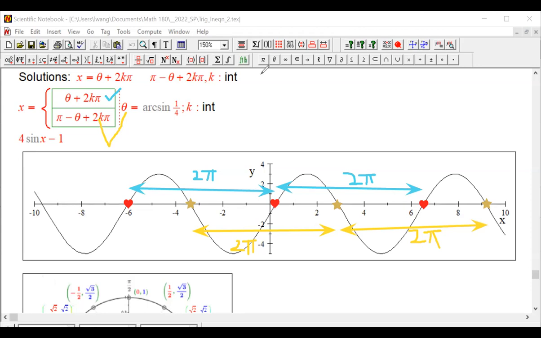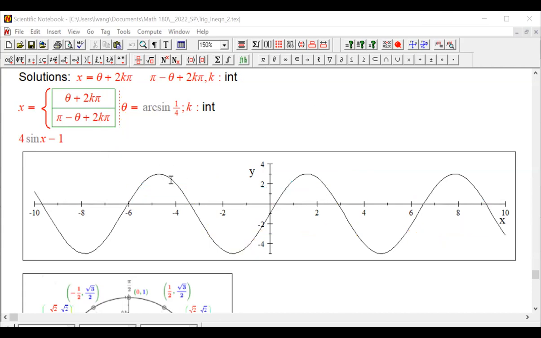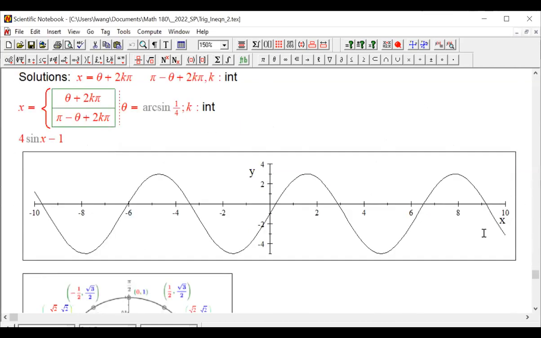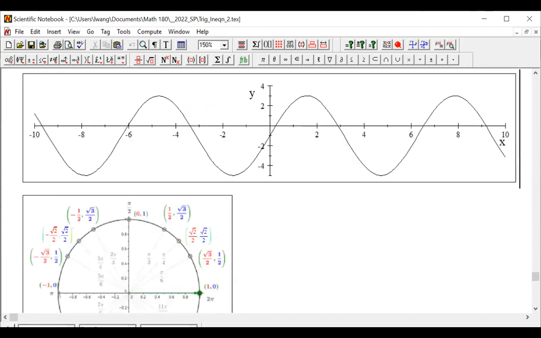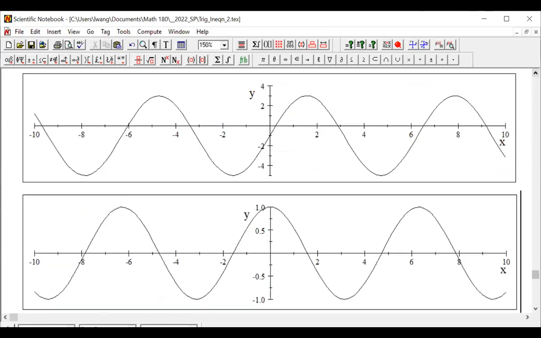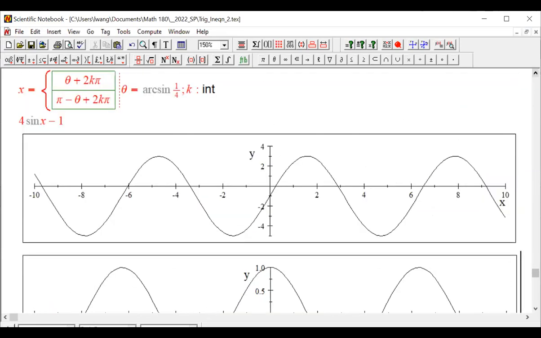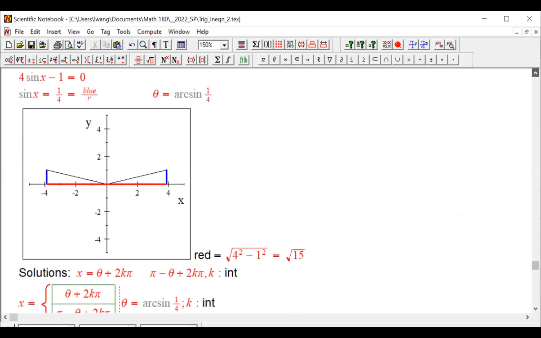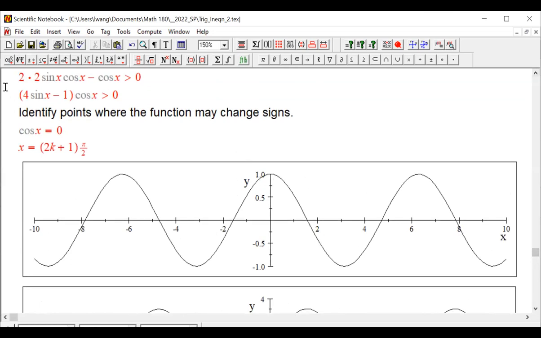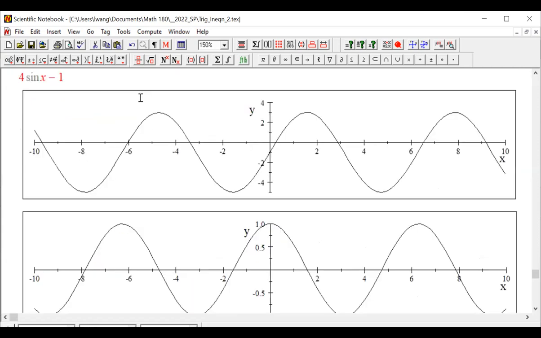But now we're still solving the inequalities, right? So what is that inequality? We need to bring the cosine back to our picture. And what we consider is the product. We look at this product. We want the product to be positive.